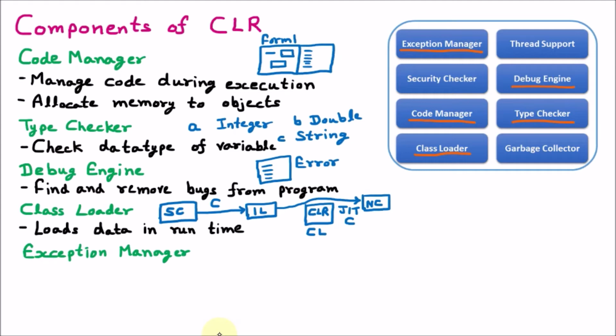Exception is something different. Let me give you an example, which is divide by 0. Let's say there are two variables, A and B. The user is asked to enter some values. The user may give the value of A as 4 and B as 2, but there are some users who give the value of B as 0, and in the program we are calculating A divided by B. Now if I divide 4 by 0, we know that it is undefined.